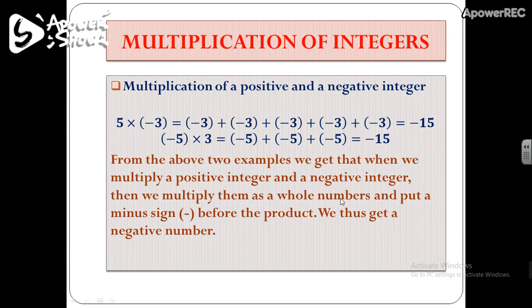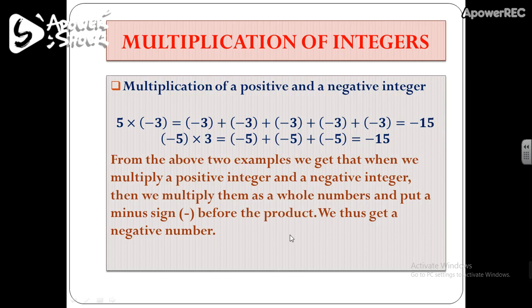That means when we multiply 5 and minus 3, first of all we just multiply 5 by 3, without considering the sign of these integers, and then put a minus sign before the product. So after multiplying a positive integer and a negative integer, the result which we obtain is a negative number.